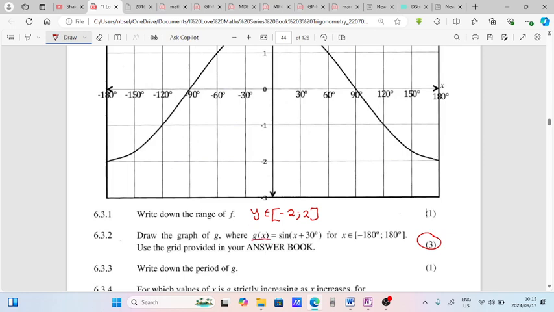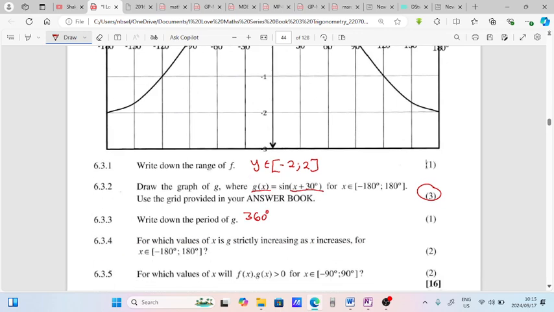Simply because the coefficient of this angle is 1, the period is 360 degrees. Let's check for which values of x is g strictly increasing as x increases from negative 180 degrees to 180 degrees.